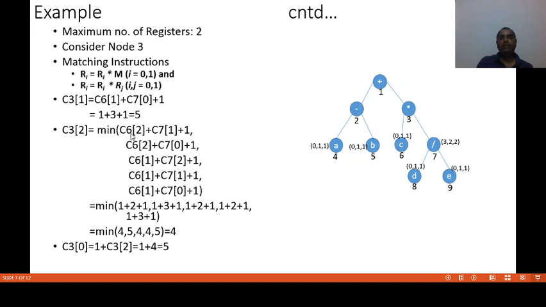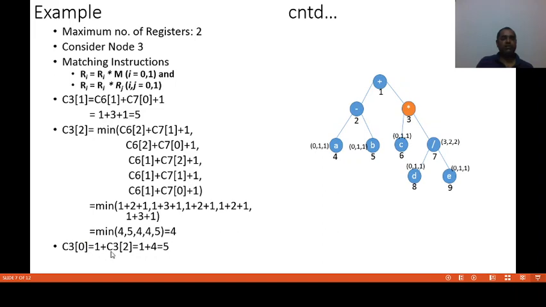That will be the minimum of, if I am using 2 registers for this, 0 registers, 1 register for this, plus 1, and in this way we can calculate that the minimum of evaluating node 3 by using 2 registers is 4.